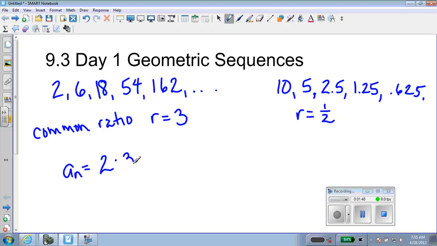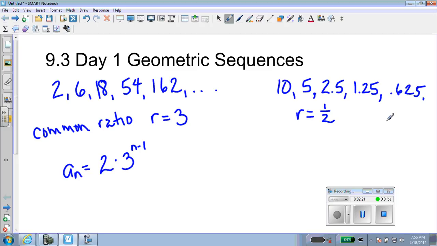For the first term, we didn't multiply by 3 at all. The second term, we multiplied by 3 once. To get to the third term, we multiplied by 9, or 3 squared. We multiplied by 27 from the first term to this term, so we've multiplied by 3 again. So we express that as n minus 1.